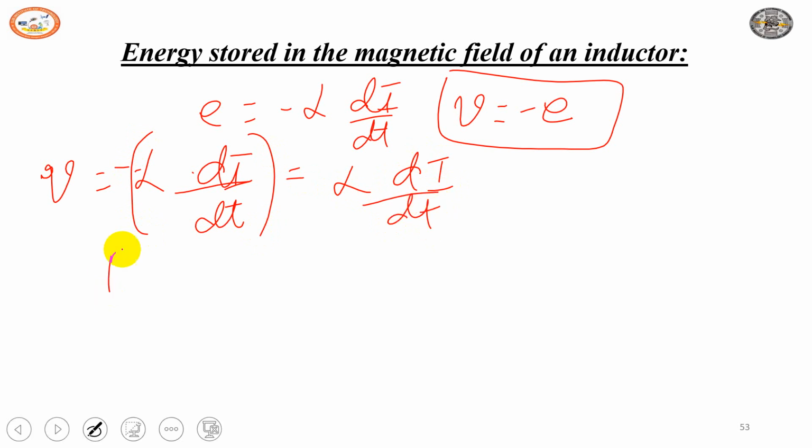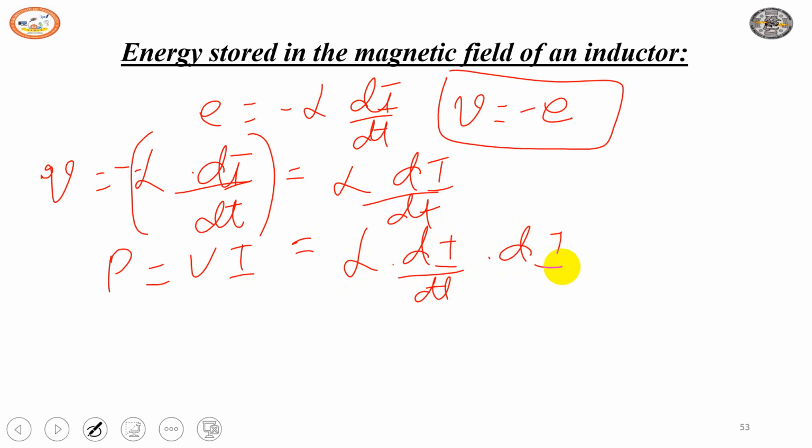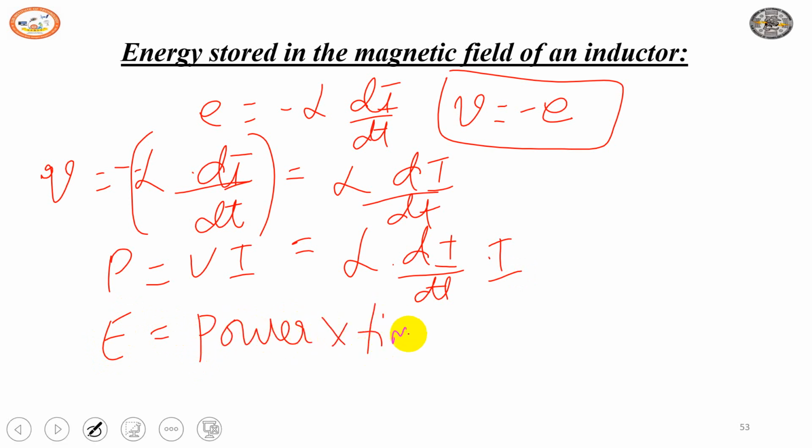But power supplied, we know, is P is equal to V into I. Substituting, P is equal to L into di by dt into I. Energy supplied E is equal to power into time, so this can be written as L into I into di by dt into dt.